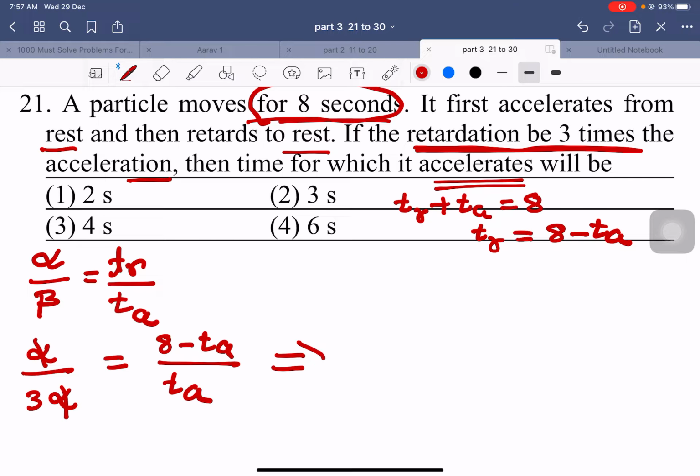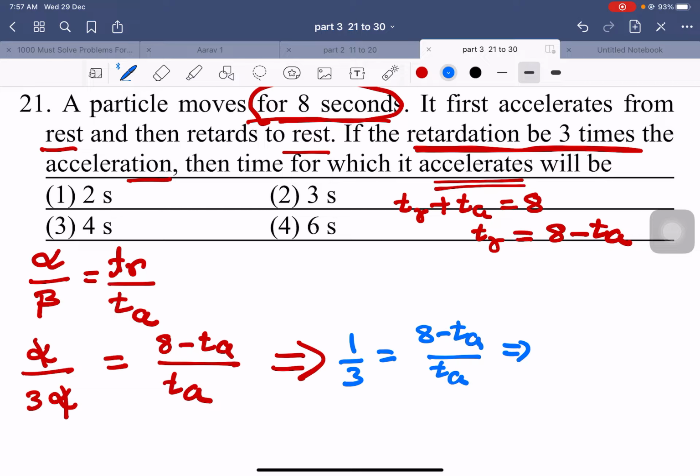So this implies 1 by 3 is equal to 8 minus Ta divided by Ta. Let me simplify a little bit.